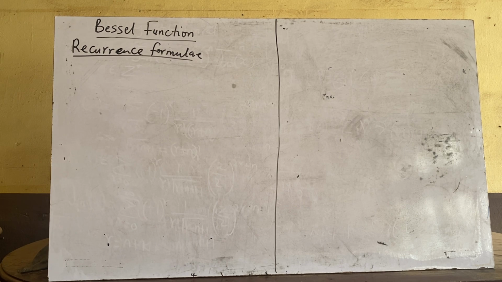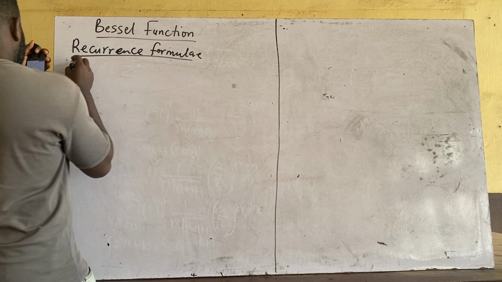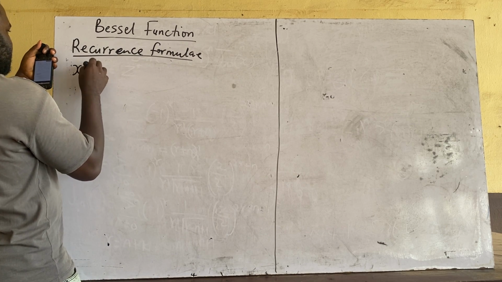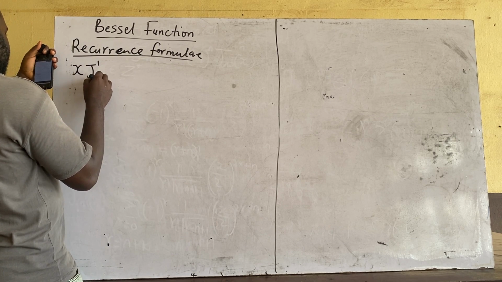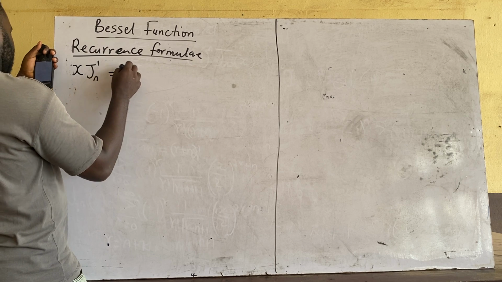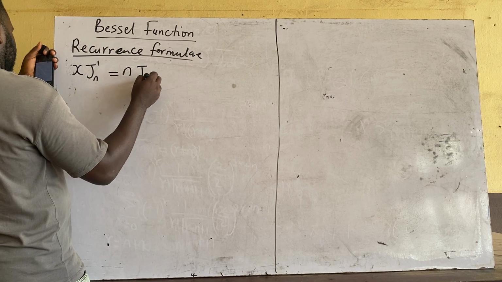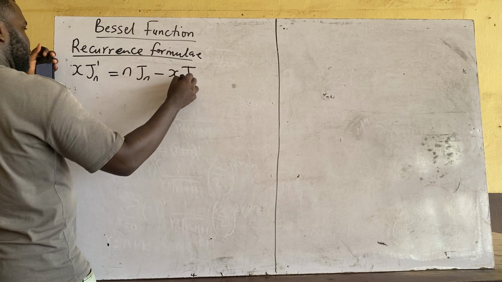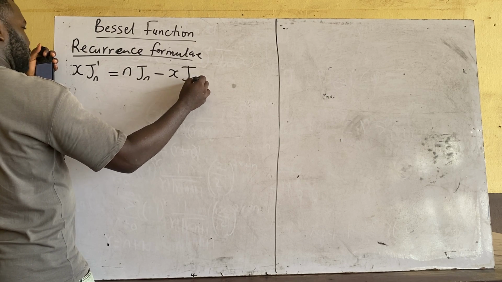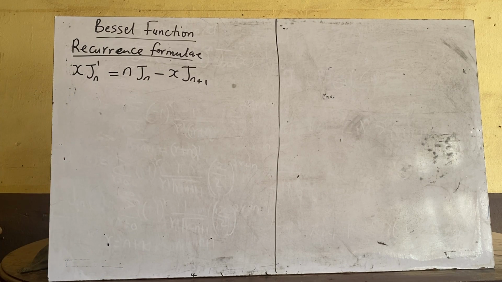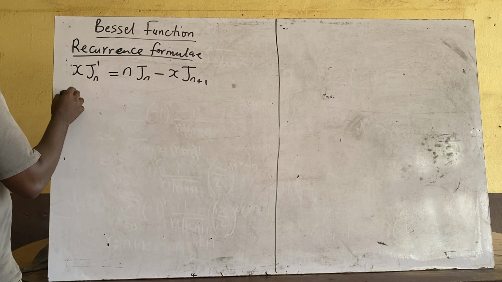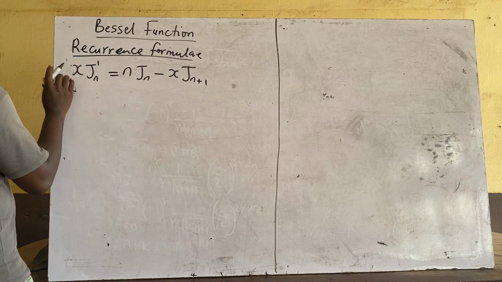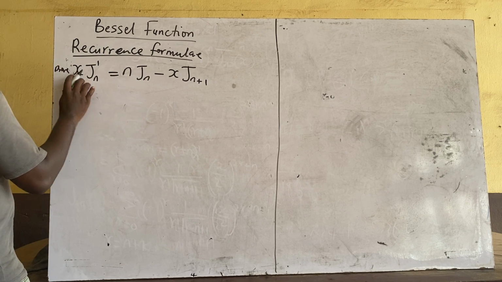The recurrence formula says that x J prime n is equal to n J n minus x J n plus 1. Now, having this, we should remember our formula again. We want to prove that this is equal to this.